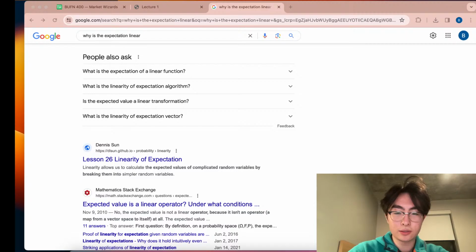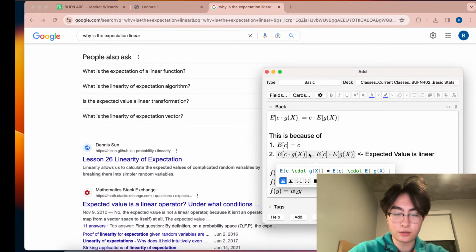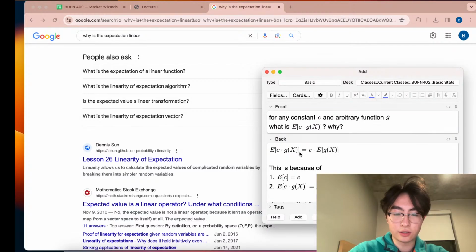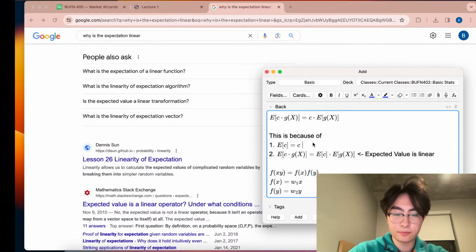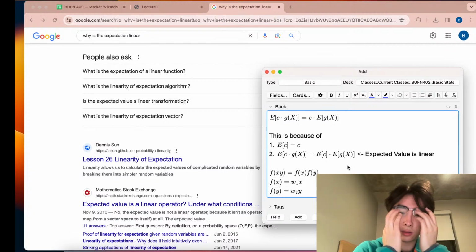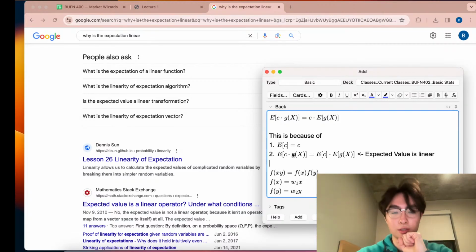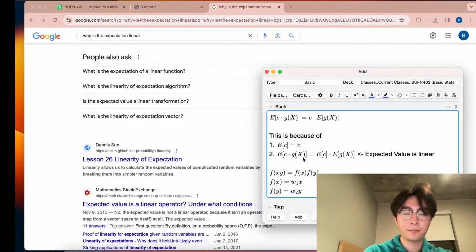Oh wait, you know what? This might not actually be true because this is a constant itself, not another function. So this is a function, and this is a constant. So I think c here is just scaling the actual function itself.